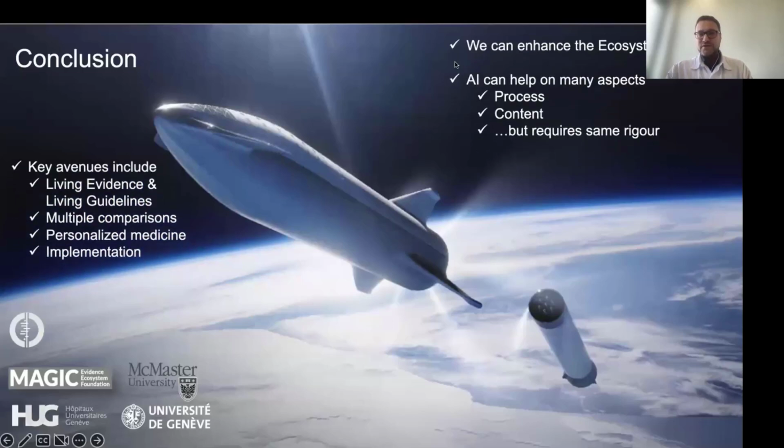And a few words of conclusion, repeating what we've said. We believe we can enhance this ecosystem together, meaning that each of us in our field needs to understand how it fits the bigger picture, particularly around guidance and implementation. I didn't expand on AI, but briefly mentioned it. Of course, AI can bring additional help on processes, and this is very promising.